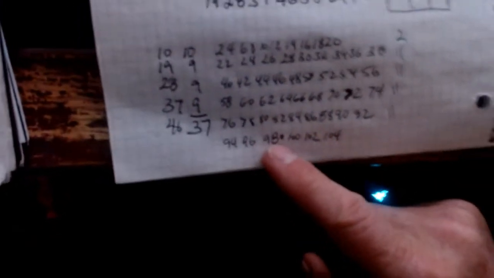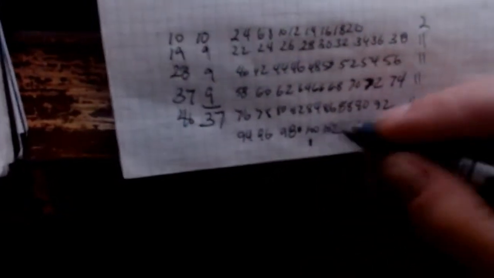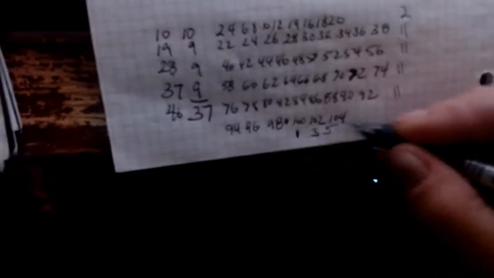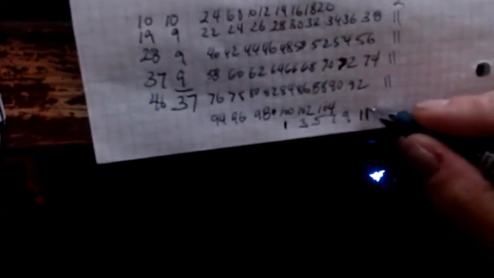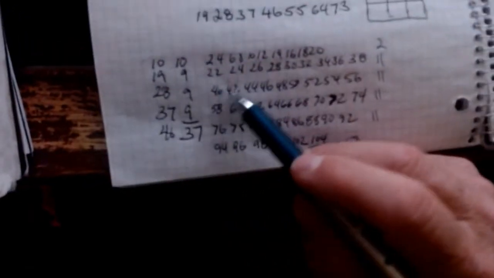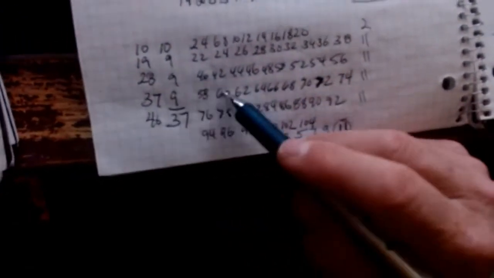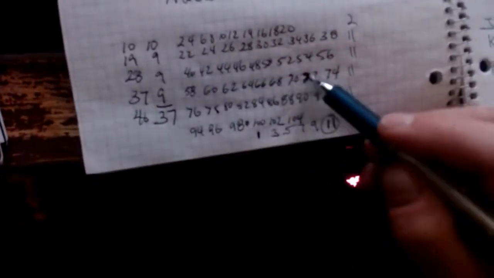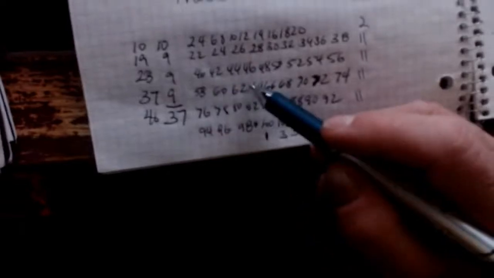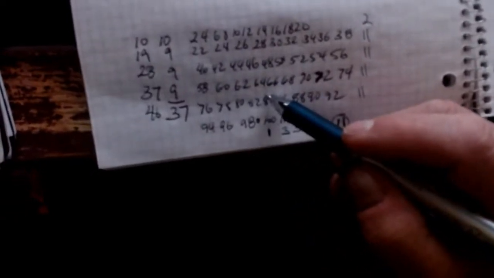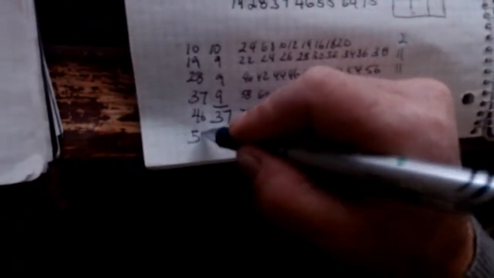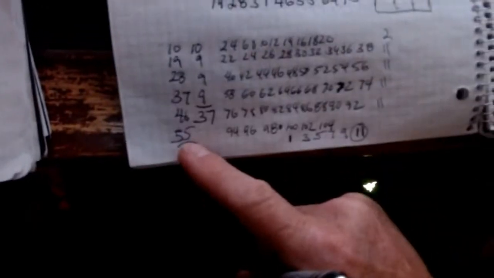If I had to add another 2 to here, it's now going to go 1, 3, 5, 7, 9, 11. Our 46th one. 1, 2, 3, 4, 5, 6, 7, 8, 9. 5 and 6, 11. So we're going to do 10, 19, 28 numbers, 37 numbers, 46 numbers. And then the next one will be 55 numbers.